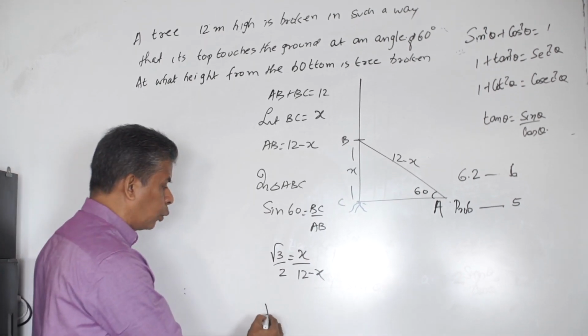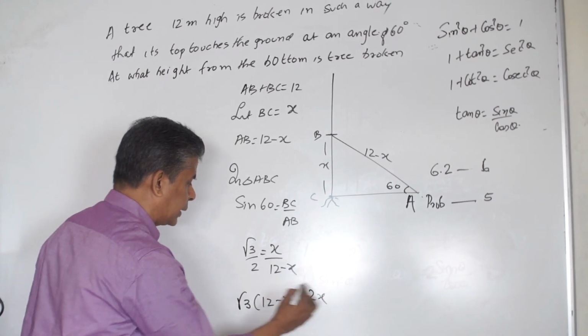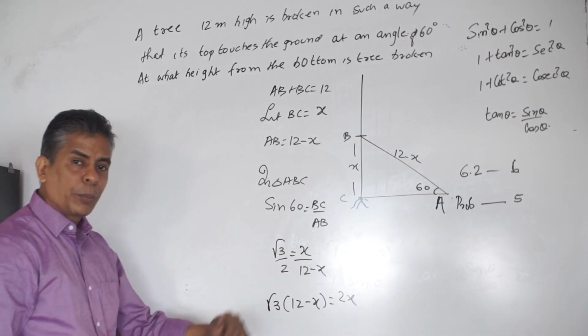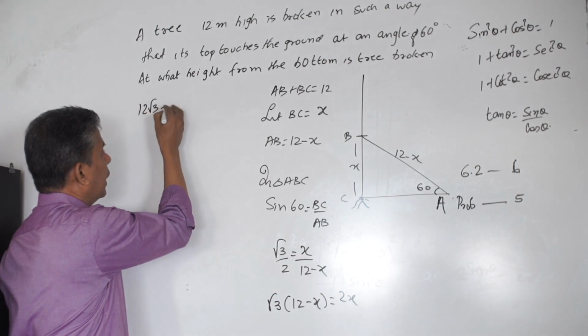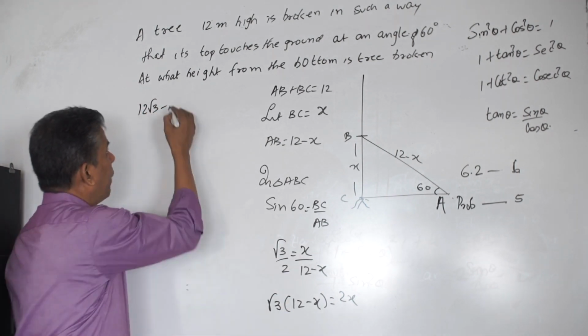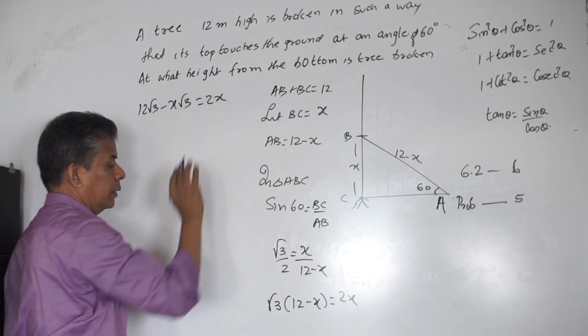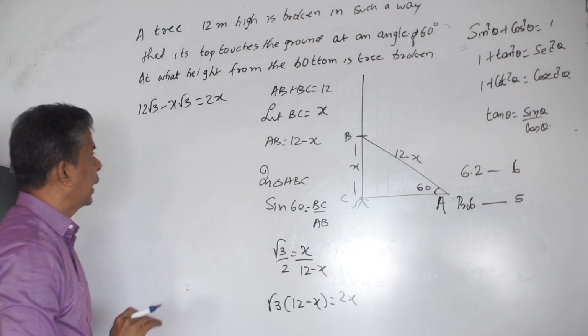So this will become now root 3 into 12 minus x is equal to 2x. Note the step. Root 3 into 12 minus x is equal to 2x. Let's open up the bracket. So this will be now 12 root 3 minus x root 3 is equal to 2x.